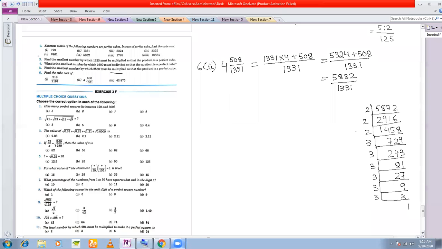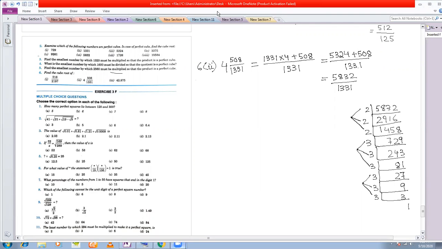Okay, so this is what you are getting. So what are you getting here? These triplets you are getting. You're getting one triplet of 2 and two triplets of 3.